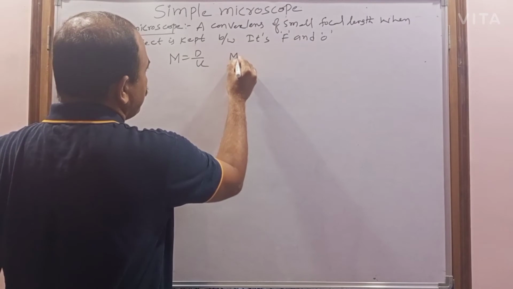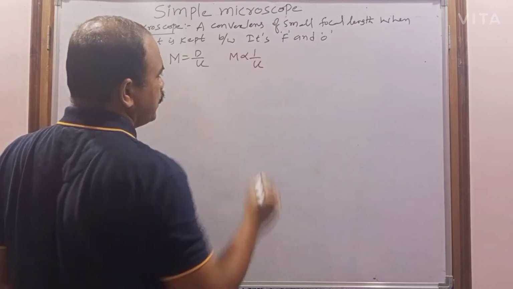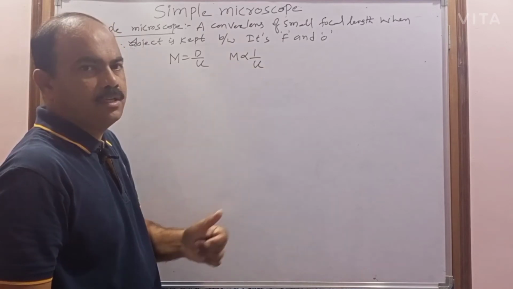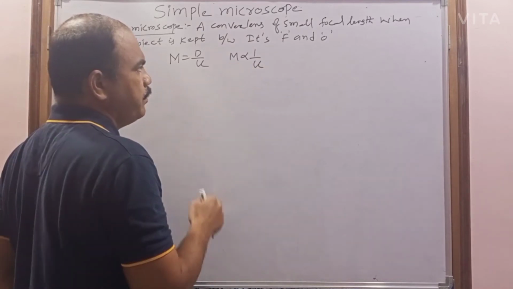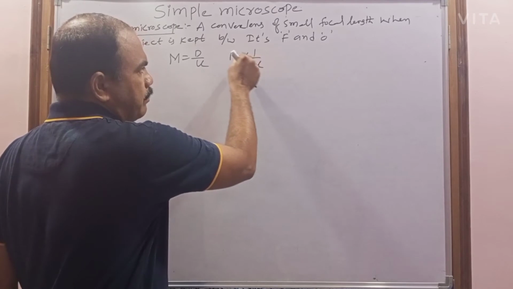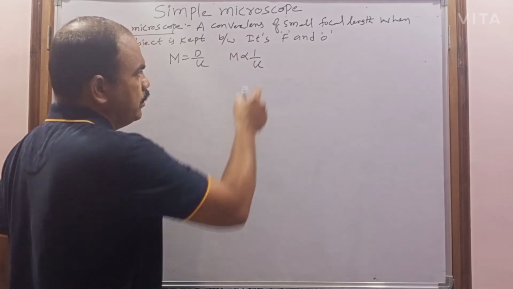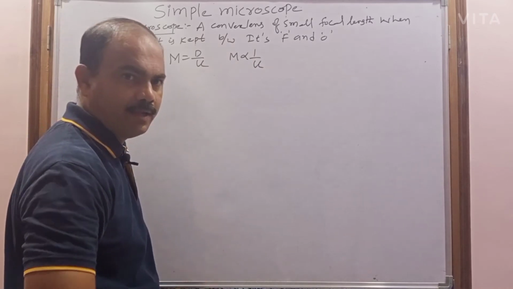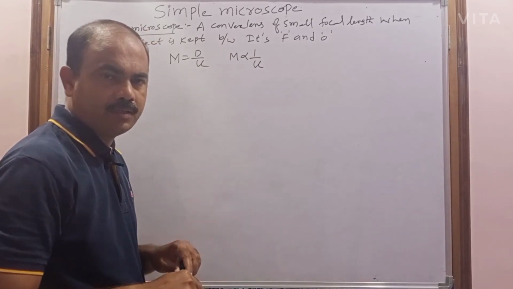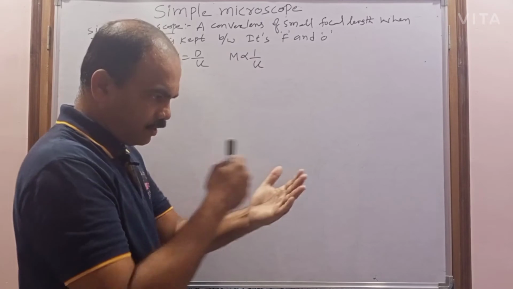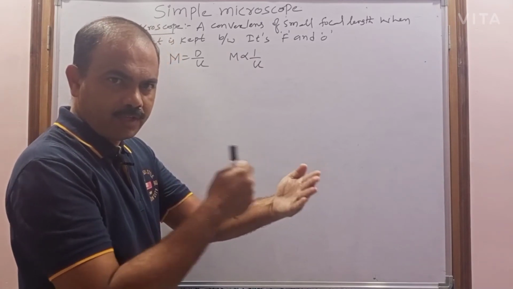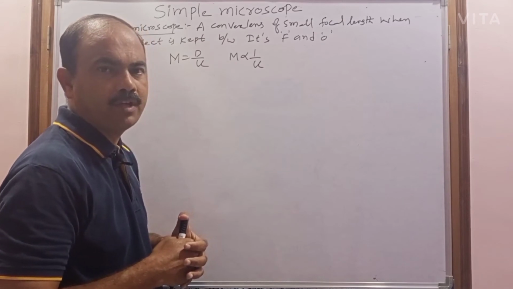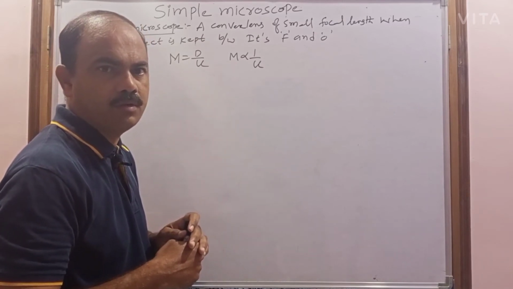M is inversely proportional to U. If the object distance changes, the magnification also changes, and they are inversely proportional. If U is less, the magnifying power will be more. If U is more, the magnifying power will be less. By moving this convex lens, we can change the object distance. Due to that, the magnifying power of that convex lens, or that simple microscope, also changes.